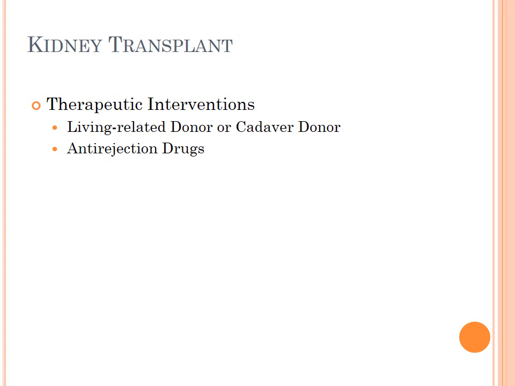It can be a living related donor or a cadaver donor, or even a living donor not related, and you'll hear about those big domino transplants where I'm willing to give somebody my kidney, but I'm not a match, but I'm a match for somebody else, so I could give it to them. A person that has a kidney transplant is going to require anti-rejection drugs.